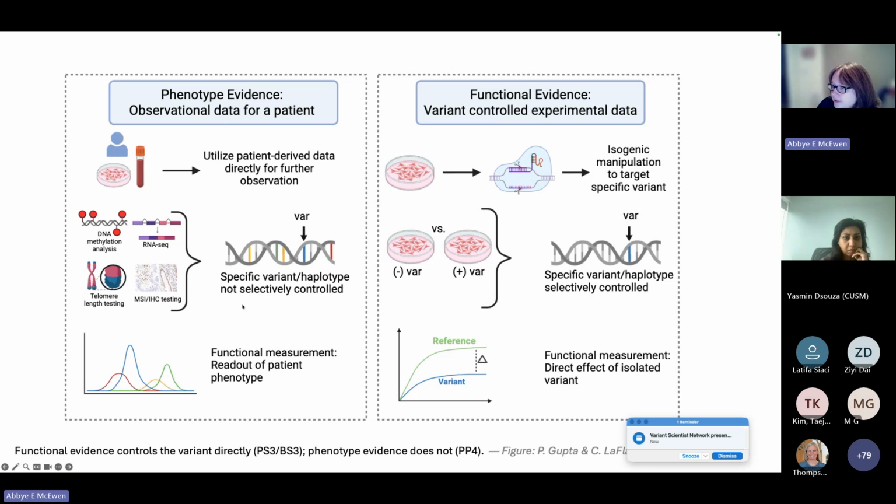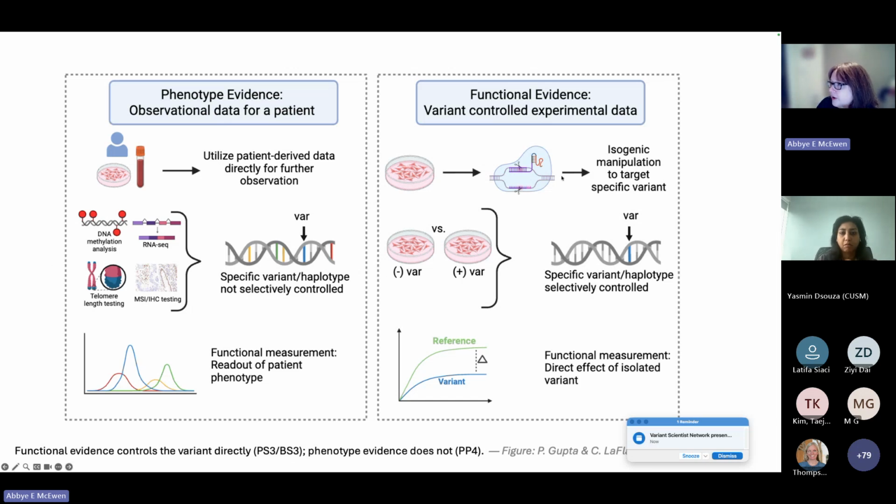And this can be things like looking at tumor histology or microsatellite instability. It could be looking at DNA methylation or bulk RNA sequencing. And in this case, you know that the patient has the molecular phenotype, but you don't specifically know that the patient's variant is what's causing that molecular phenotype.